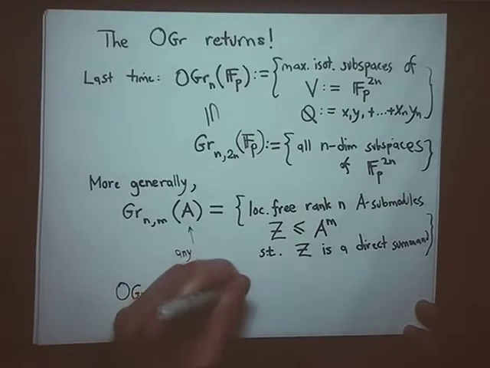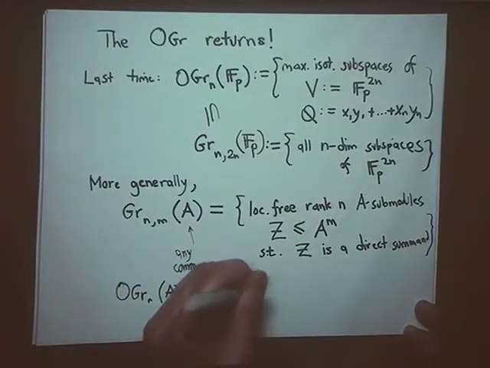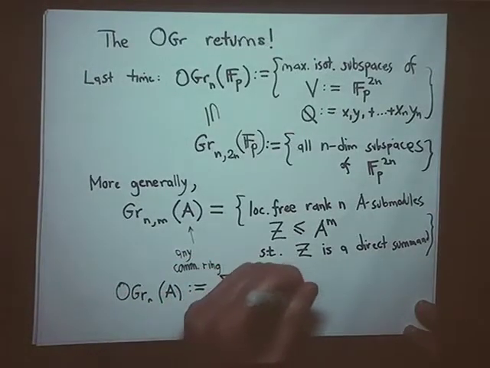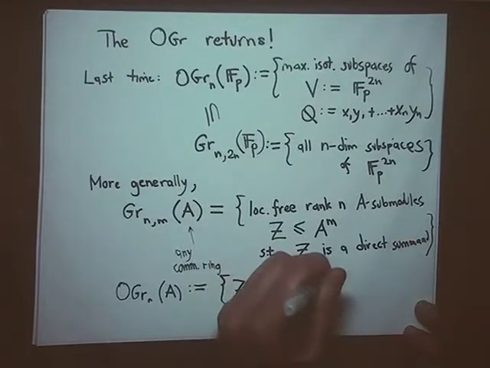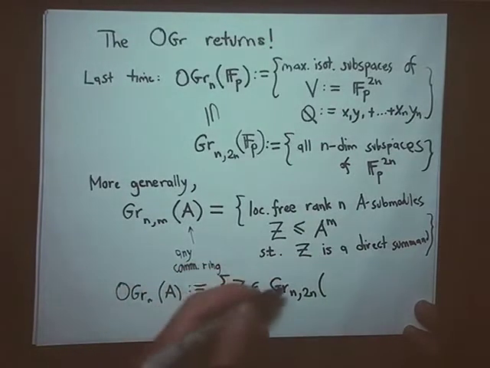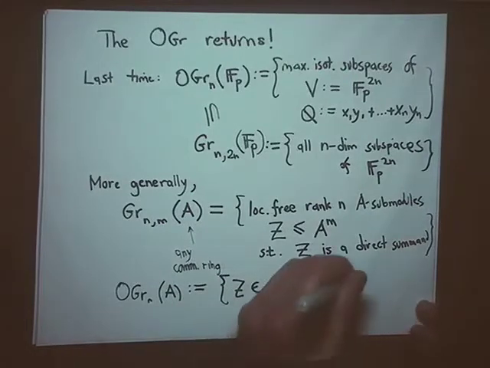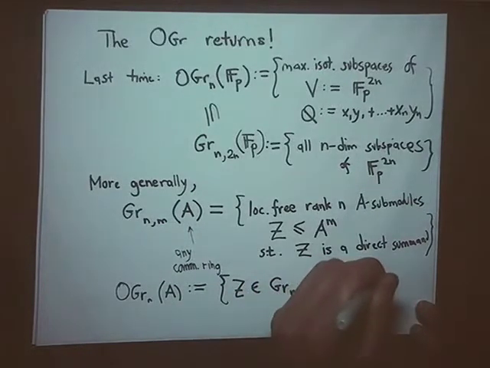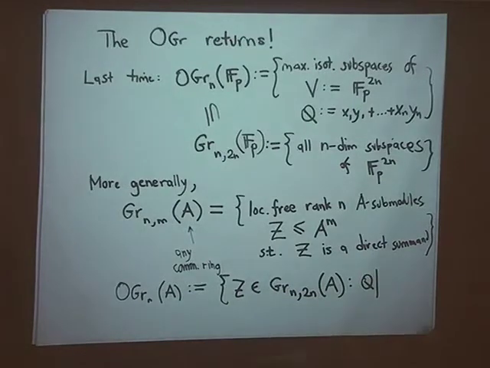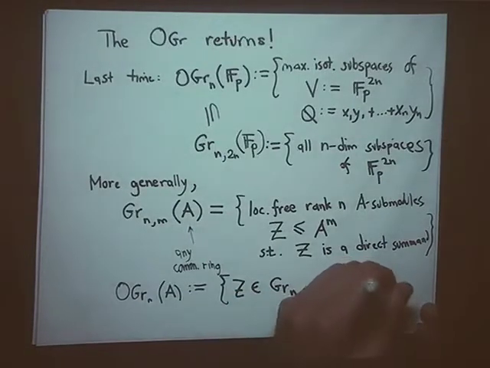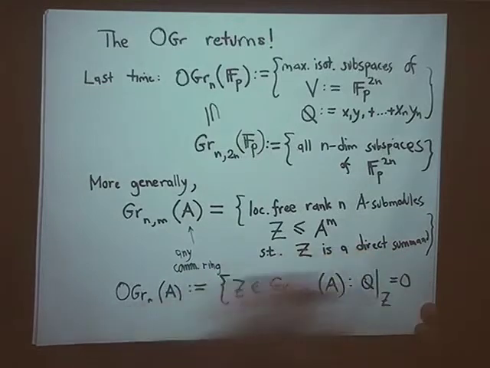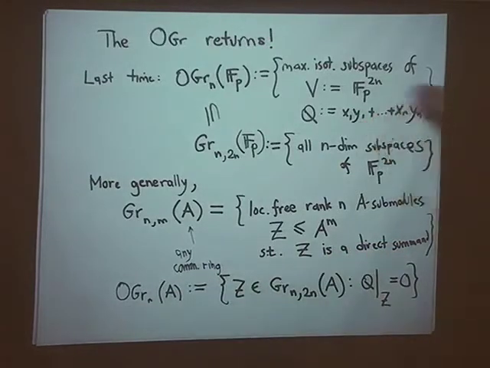So it's the set of rank n submodules in a rank 2n module, and the only extra condition is that the quadratic form should vanish on this. The quadratic form makes sense over any ring; I just evaluate it on A^2n. Okay, so that's the definition of the OGr functor.